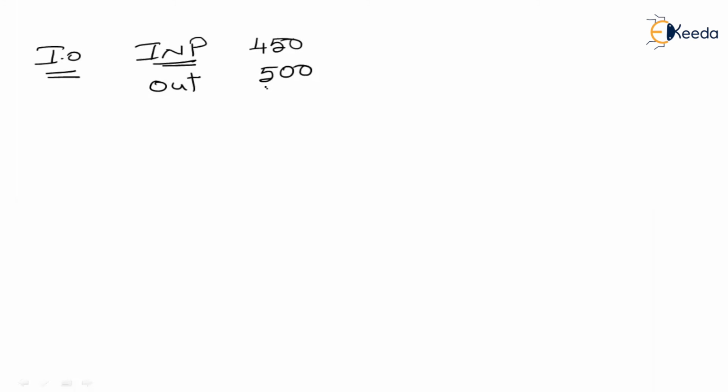In isolated IO, I do have separate IO instructions. You know that there are IO instructions, right? In isolated IO, there are separate IO instructions. Whenever IO instructions are used, such as INP or OUT, then the following address will be falling under IO devices. Okay, these are input and output transfers.